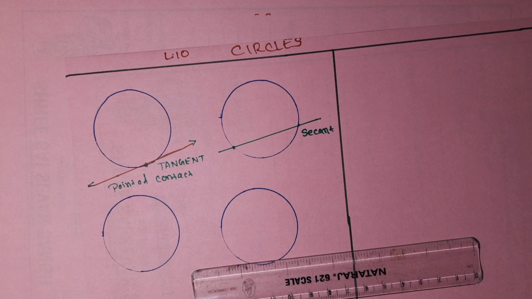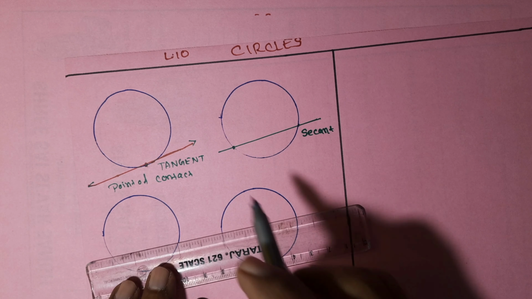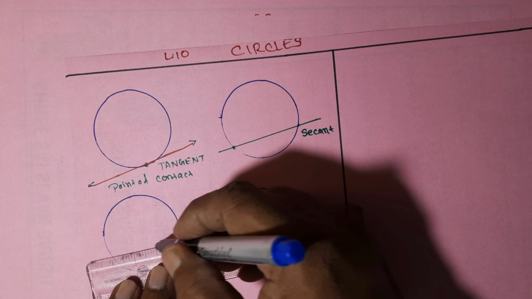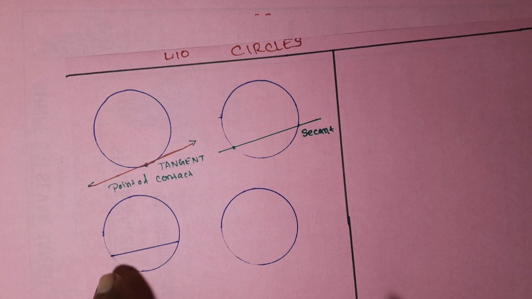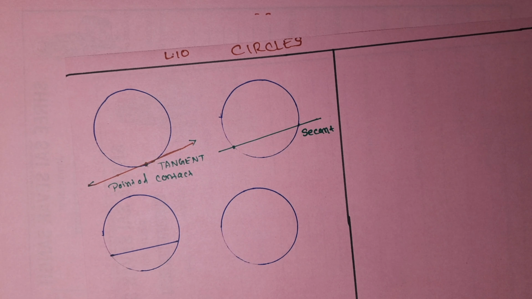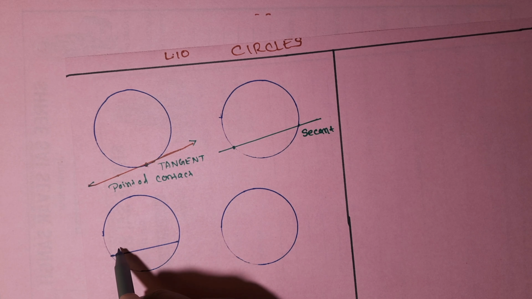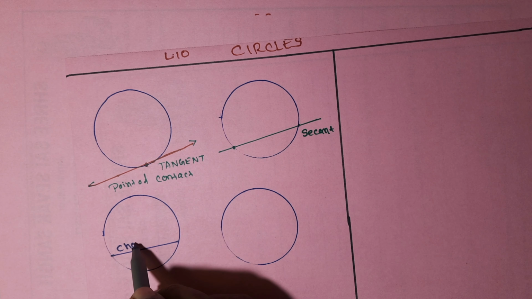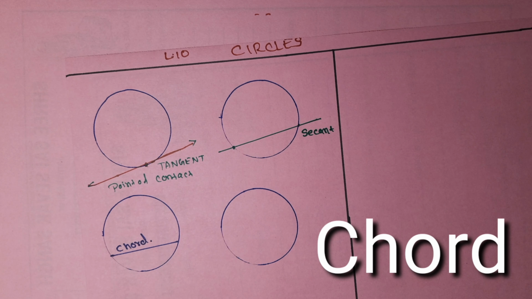Now, what is the third? Third, if we draw just inside a line from any point on one side to another point on the circumference, then this line is called chord. C-H-O-R-D, chord.